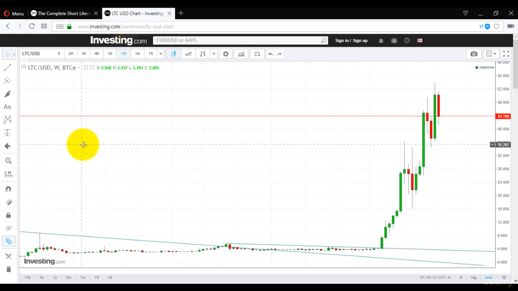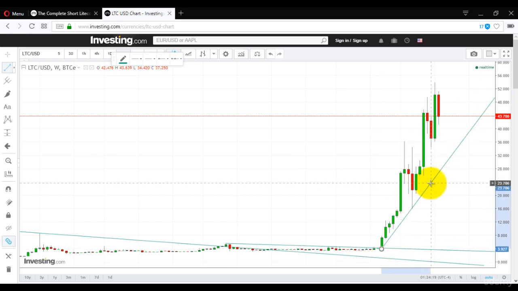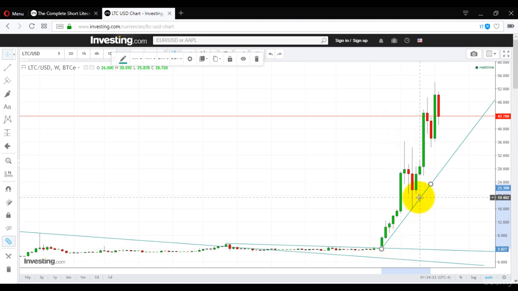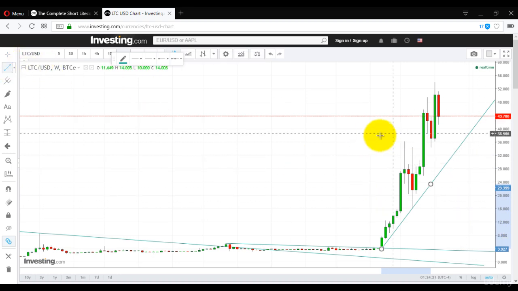Now, as the market is breaking up the trend lines, we start to make trend lines according to lows. As you can see, this trend line is saying it's up. If the market breaks this trend line, then again it will be going down. But right now, it's not going down.